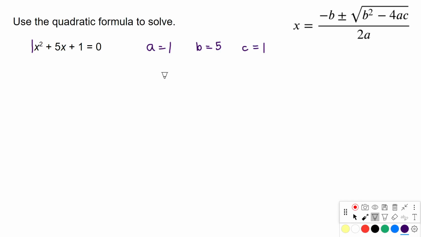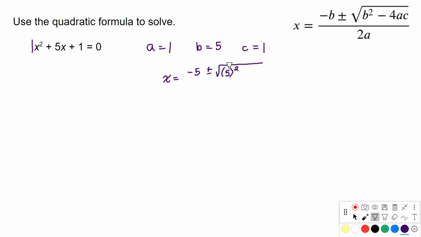So we have x equals opposite of b, so negative 5, plus or minus the square root of 5 squared, and I'm writing this in parentheses because if b happens to be negative, you have to realize that you're going to be squaring a negative number.